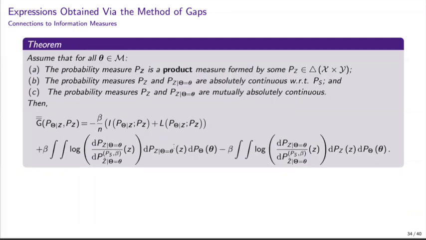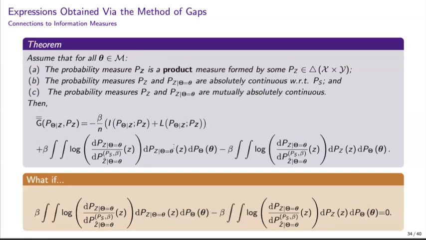The case of this expression from the variant of data-driven gaps is equally interesting because we can ask the same question. What if that second line is equal to 0? There exists an algorithm for which this expression is 0. And then in that case, the generalization error of that algorithm would be negative beta divided by n times mutual information plus Lautum information.